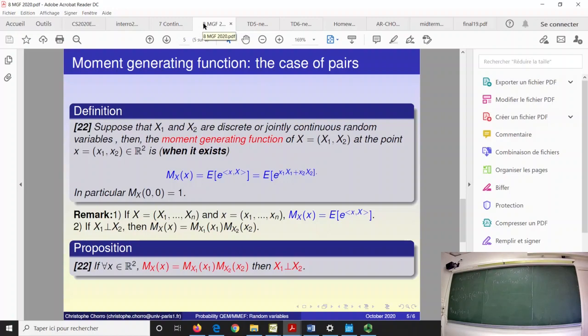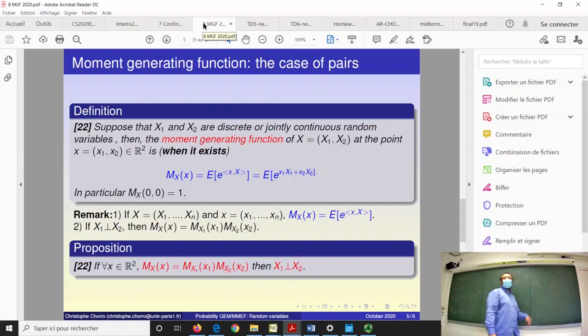Just a remark concerning the notation, because suppose that I don't have 2, but that I have n. If I have n, I can do exactly the same thing. So I can define M of x1, ..., xn.